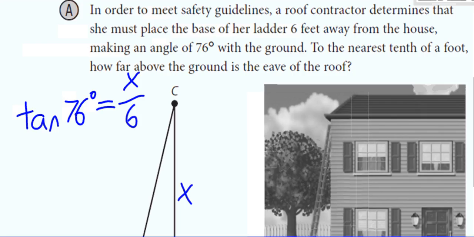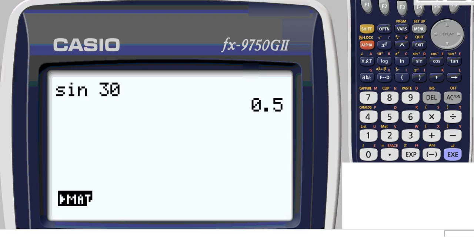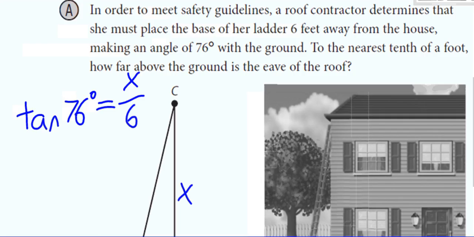So in our problem, we have tangent 76 degrees. We need to know what that is. When we solve this, we have x over 6 equals tangent 76. To get x by itself, the only thing we have to do is get rid of this 6. You can always think of these as proportions, like you're going to cross multiply.